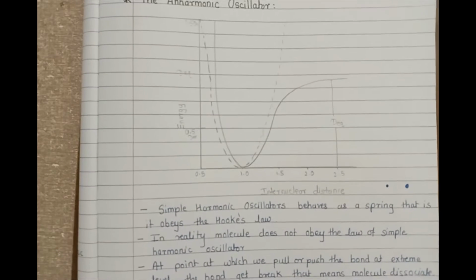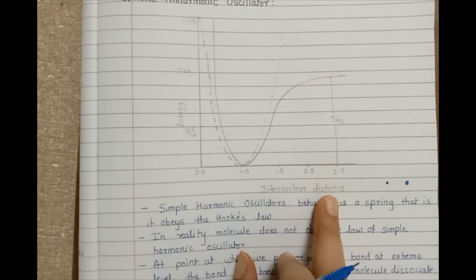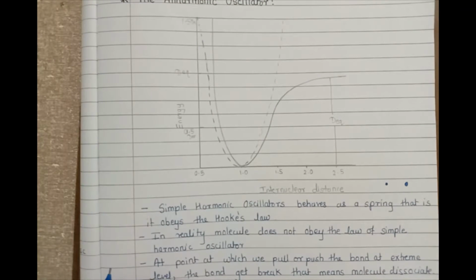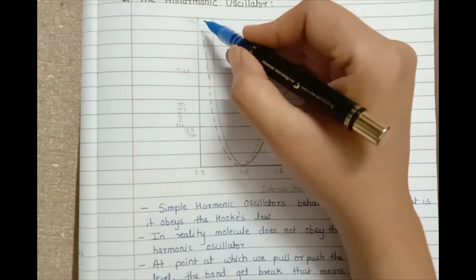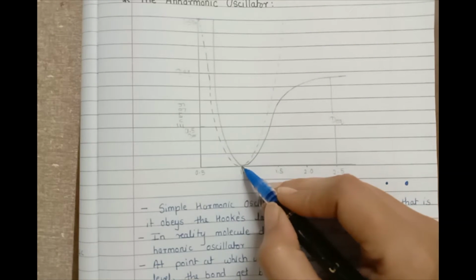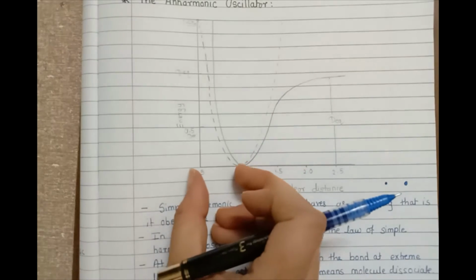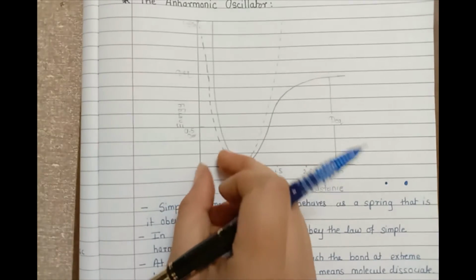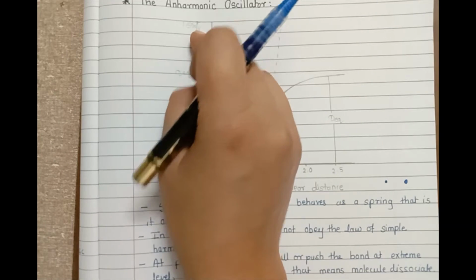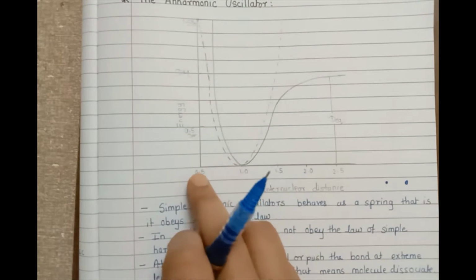See, this diagram is internuclear distance versus energy. According to the simple harmonic oscillator, this is the internuclear distance, the fixed bond length, at which the energy of that molecule is 0. That means that molecule is stable. Either we contract the bond, that means we decrease the internuclear distance, its energy increases, that means it becomes unstable.